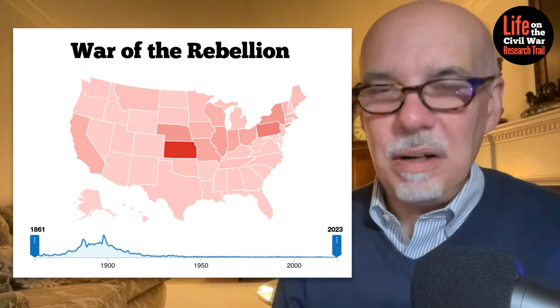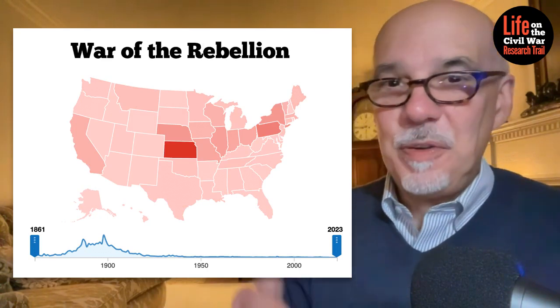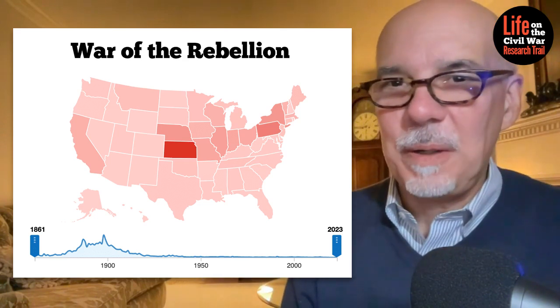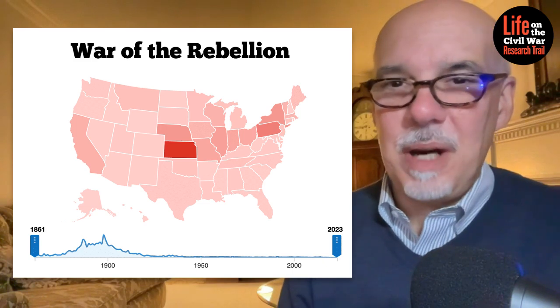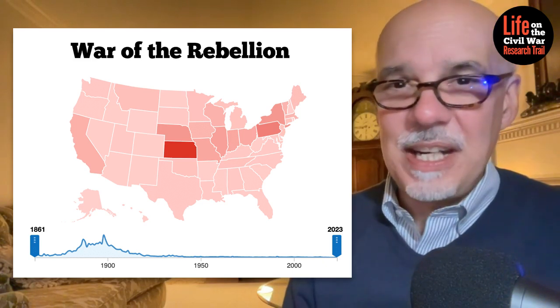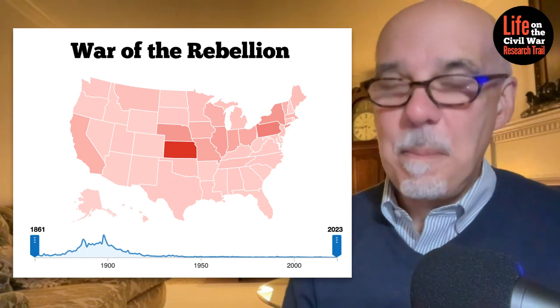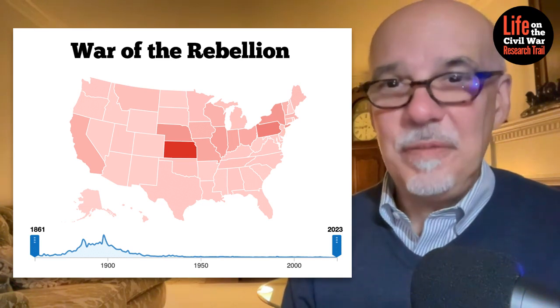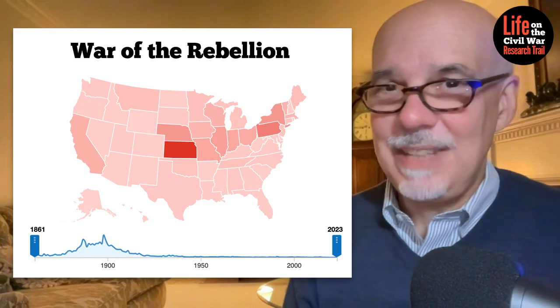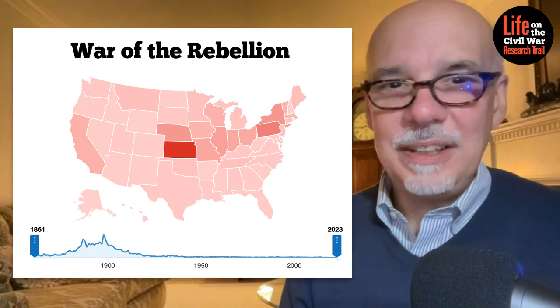Now, let's take a look at another one here. This is War of the Rebellion. And for those of you students of the Civil War, you know, for example, the Official Records, which is perhaps the greatest single primary source about the Civil War, is called the Official Records of the War of the Rebellion, not the Civil War. And look at the dates.